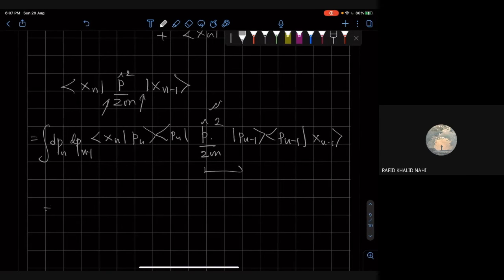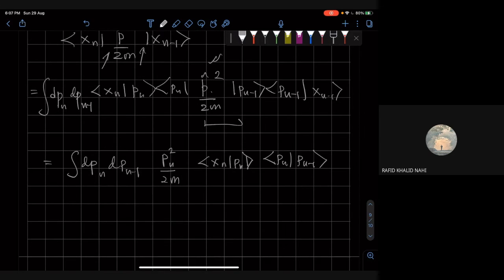So in the next line, we can write this as the integral of dp_n dp_{n-1}, and then we can write p_n squared over 2m. Now this is just a number. This is no longer an operator. And then we have the inner product of x_n and p_n, and then the inner product of p_n and p_{n-1}, which is going to give us a delta function, of course.